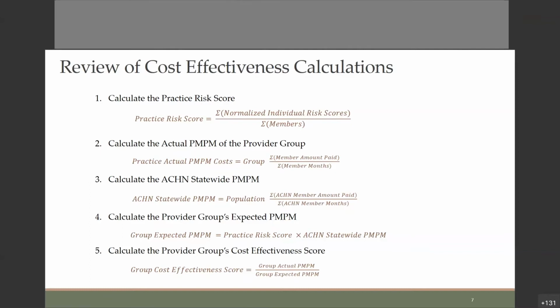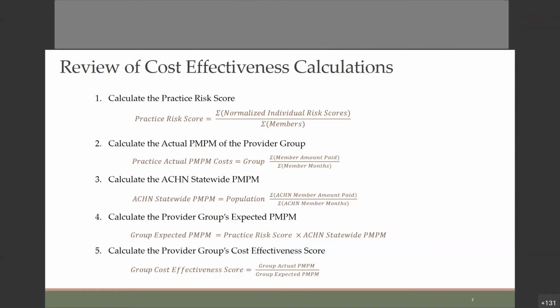We then calculate the ACHN statewide PMPM, and so this is where we once again sum up total amount paid and divide it by member months, and this is for every Medicaid individual that is in or eligible for the ACHN, whether or not they are attributed. So we have some non-attributed folks that are in this PMPM calculation.